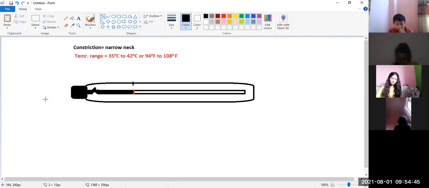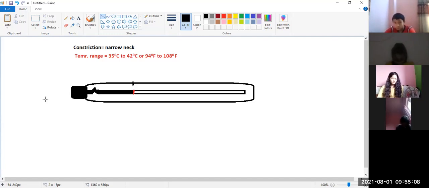Usually minus, make that minus. That is not 10 degrees Celsius, that is minus 10. Write that minus in your book. It has a wide range of temperature scale, usually minus 10 degrees Celsius to 110 degrees Celsius.